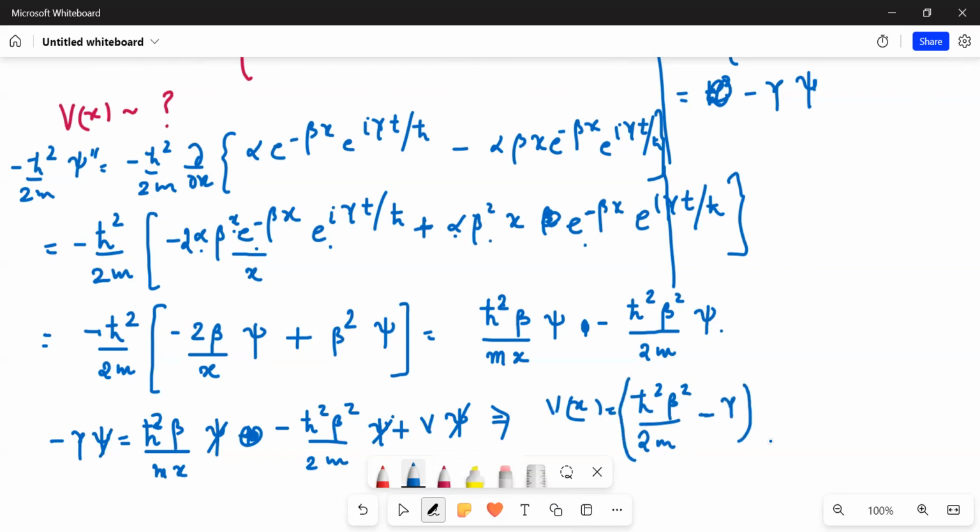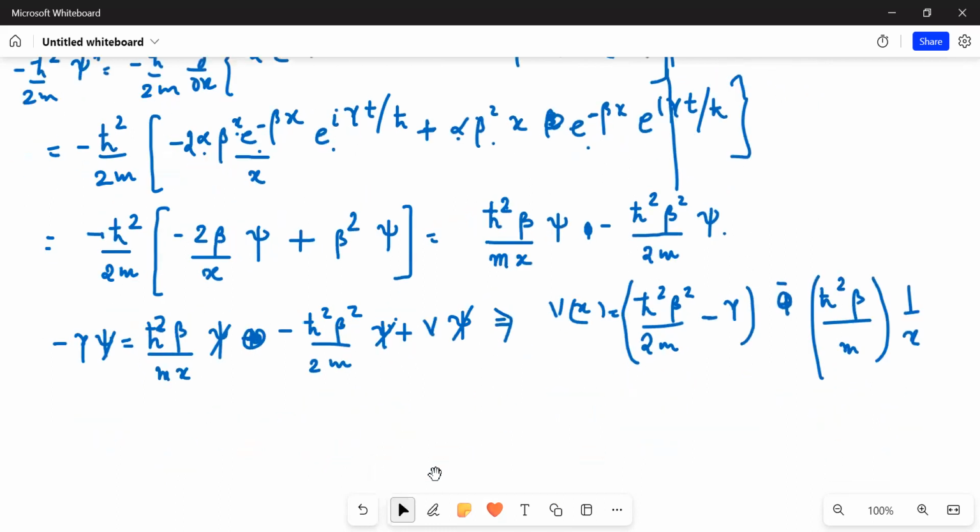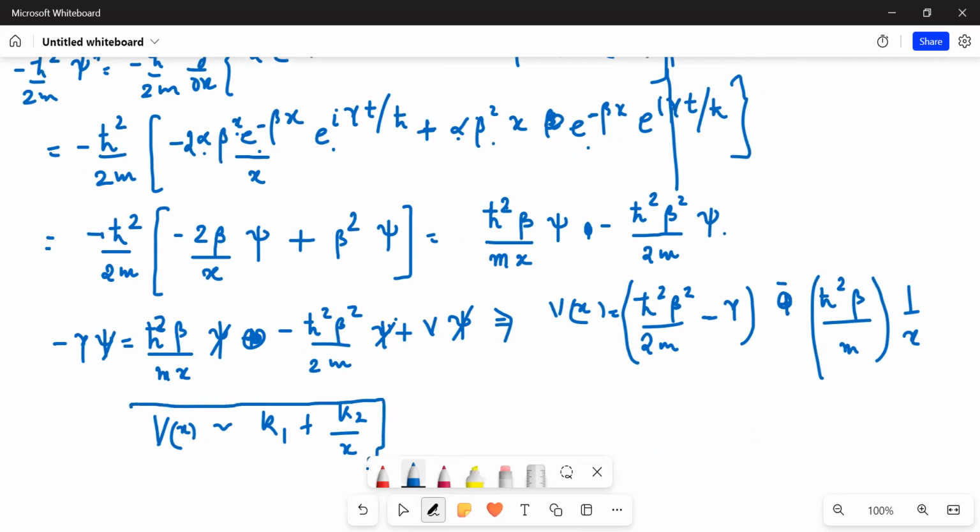So this is some constant, minus ħ square beta upon m times 1 over x. So it's quite evident that the potential V of x would be something like constant plus constant upon x. So this is how your potential function would be. This is the form of the potential which may give rise to the wave function as expressed above.